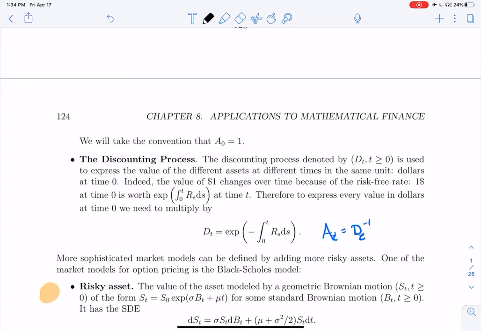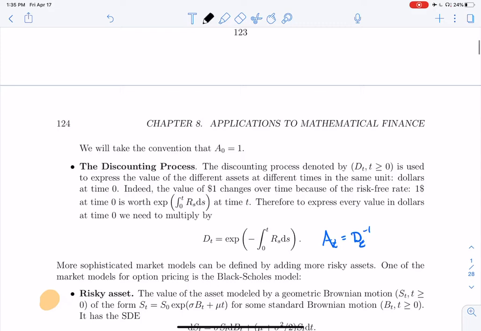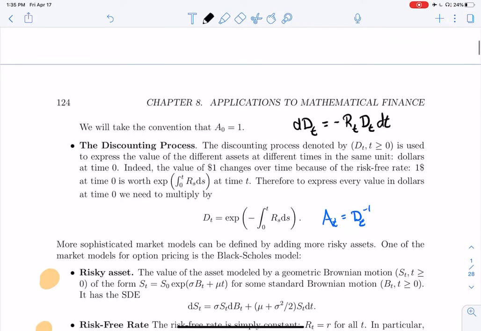D_t is equal to A_t inverse, or this if you want. And therefore, if I take the differential, it's not hard to check that the discounting process evolves as dD_t = -R_t D_t dt.